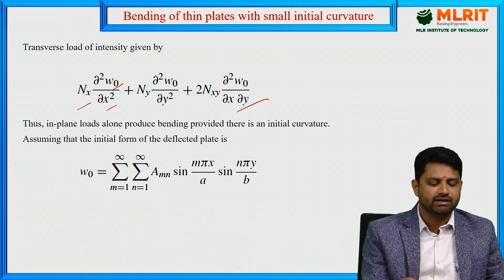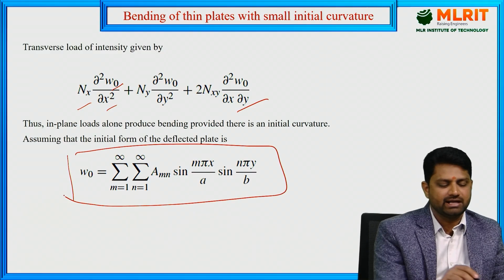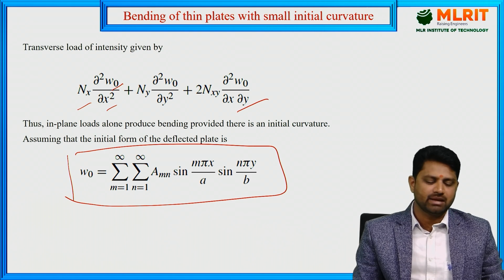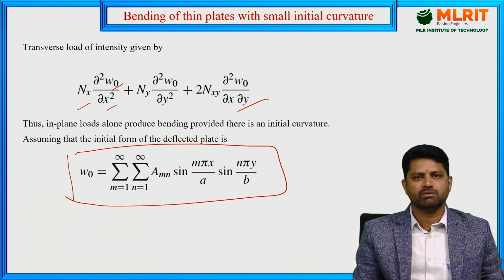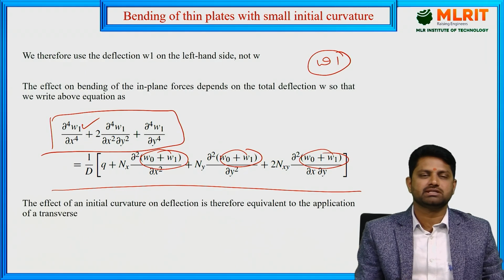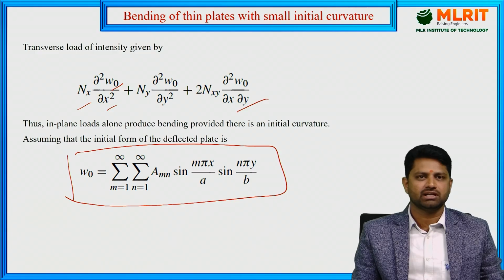Okay, and in this you can assume the initial form of the deflected plate as w0 equals summation m equals 1 to infinity, n equals 1 to infinity, Amn sin(m pi x by a) sin(n pi y by b). You can consider this deflected form of the plate and substitute it in this equation whenever you have bending of thin plates with small initial curvature.